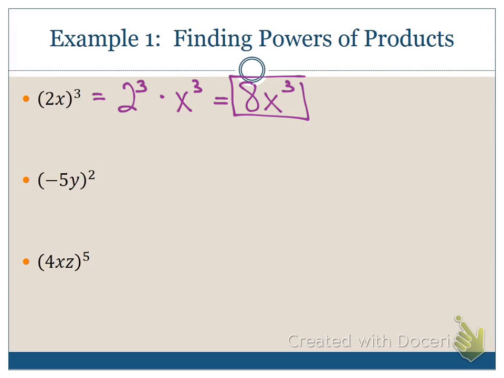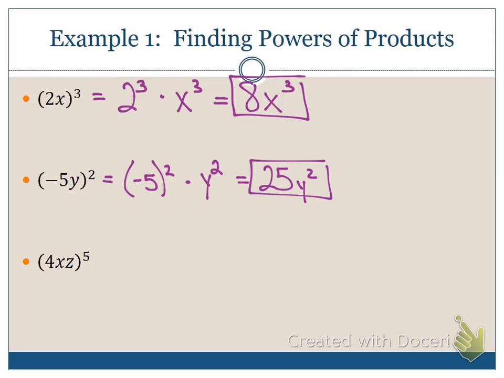All right. I want you to try the second one. It's a negative, so make sure you put that in parentheses before you evaluate. So negative 5 to the second power times y to the second power gives me 25y to the second power. Who got that right? 25y to the second power.